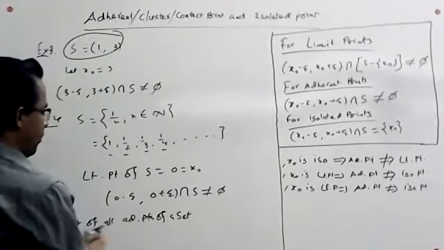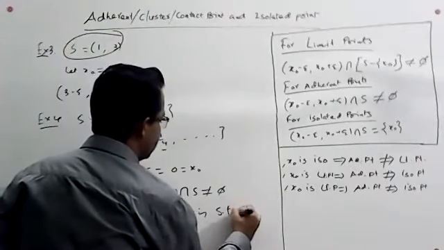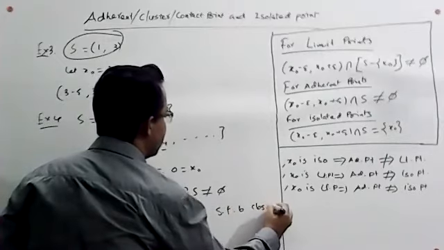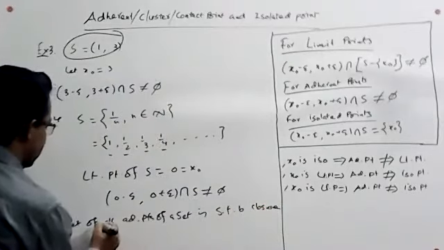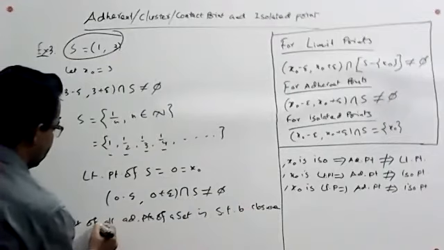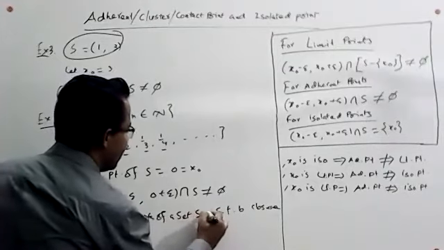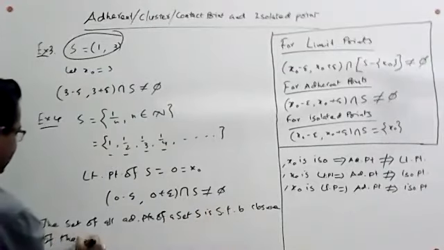So the set of all adherent points of a set is said to be the closure of S.